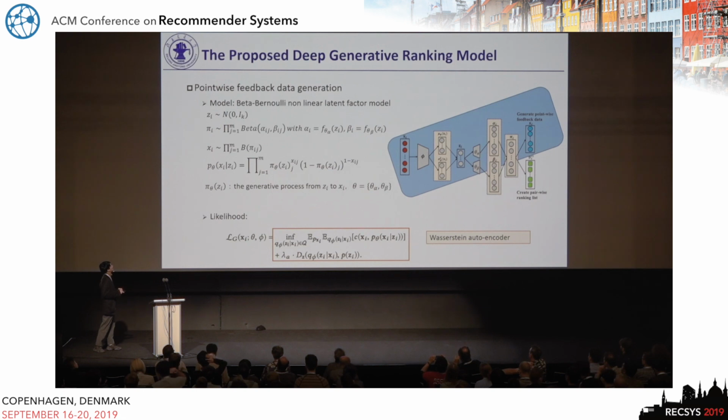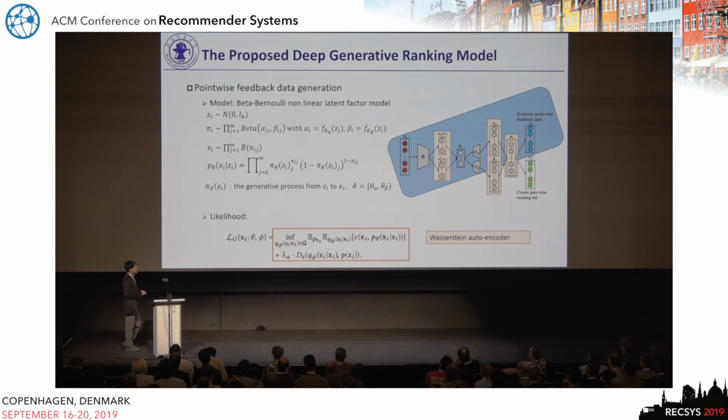Why do we call it a Beta-Bernoulli nonlinear latent factor model? Because we introduce a ranking score vector pi_i, and we assume pi_i is generated from a beta distribution. Also, the feedback dataset is generated from a Bernoulli distribution parameterized by the ranking score pi_i. So this model is called the Beta-Bernoulli model, and this is the likelihood.